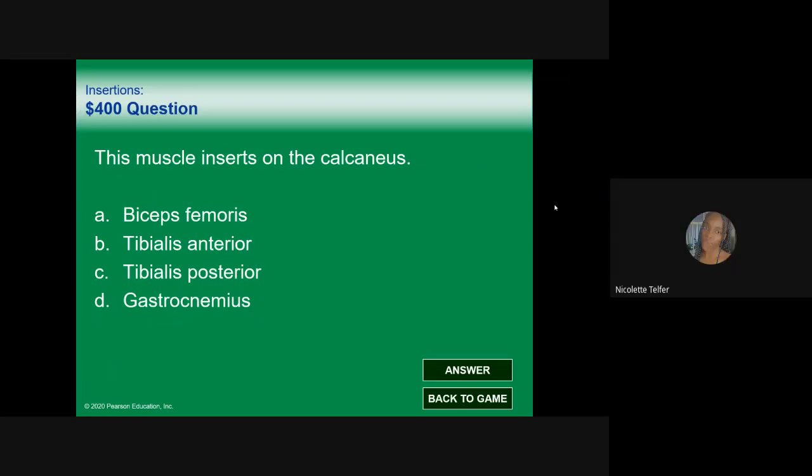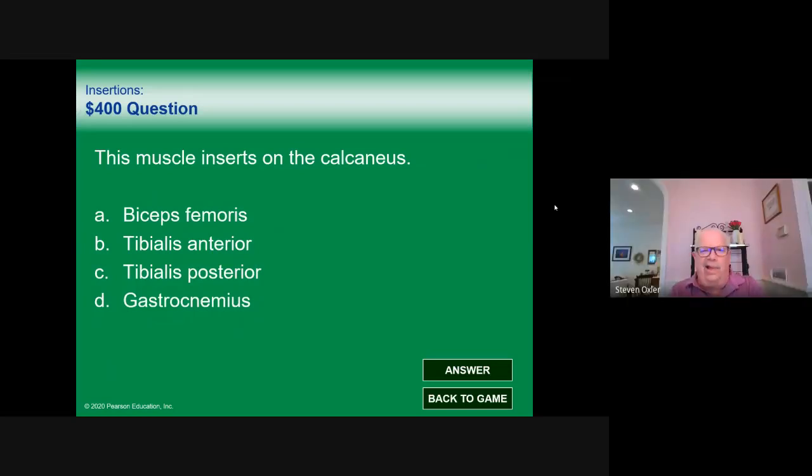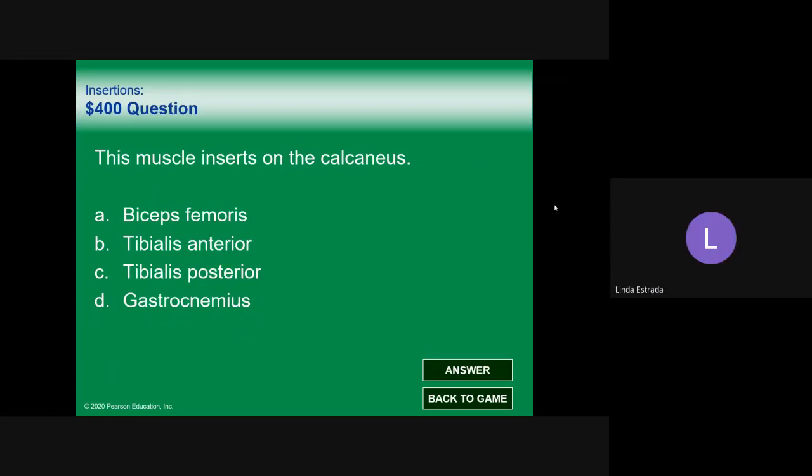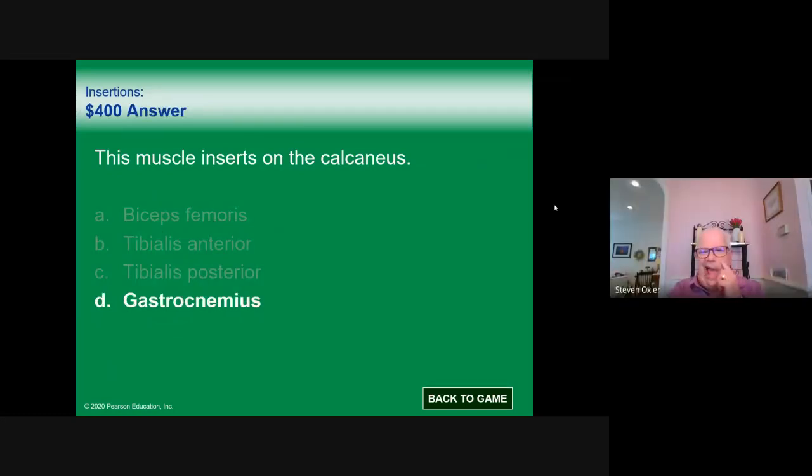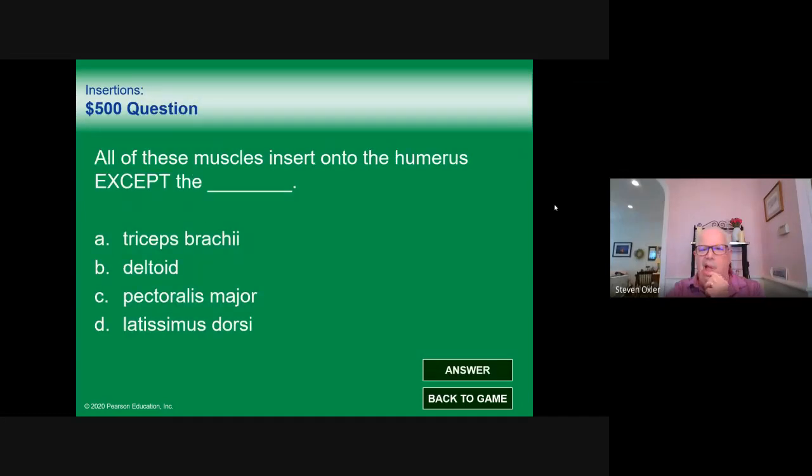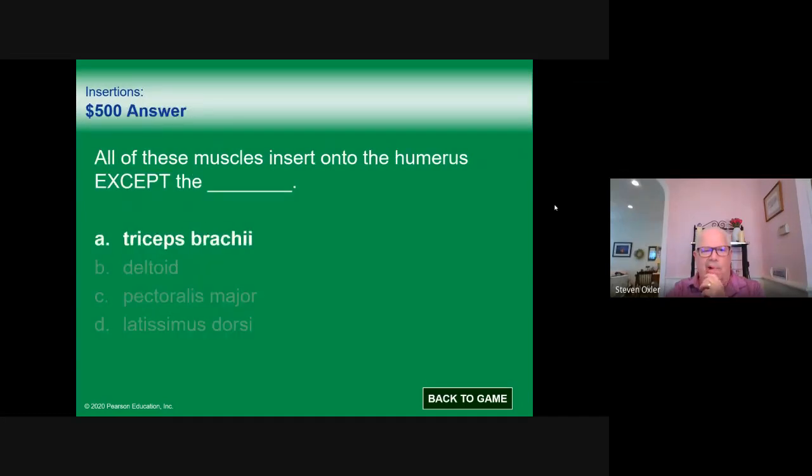I led you down a path, okay? The answer is gastrocnemius. I led you down the path. I knew you picked posterior, tibialis posterior. Don't worry about it. I'm not going to ask you insertions anyway.